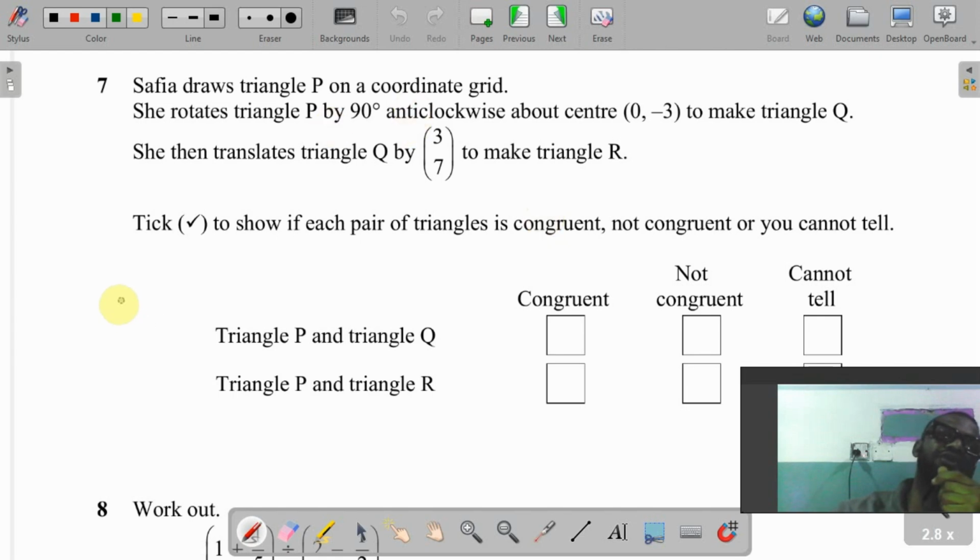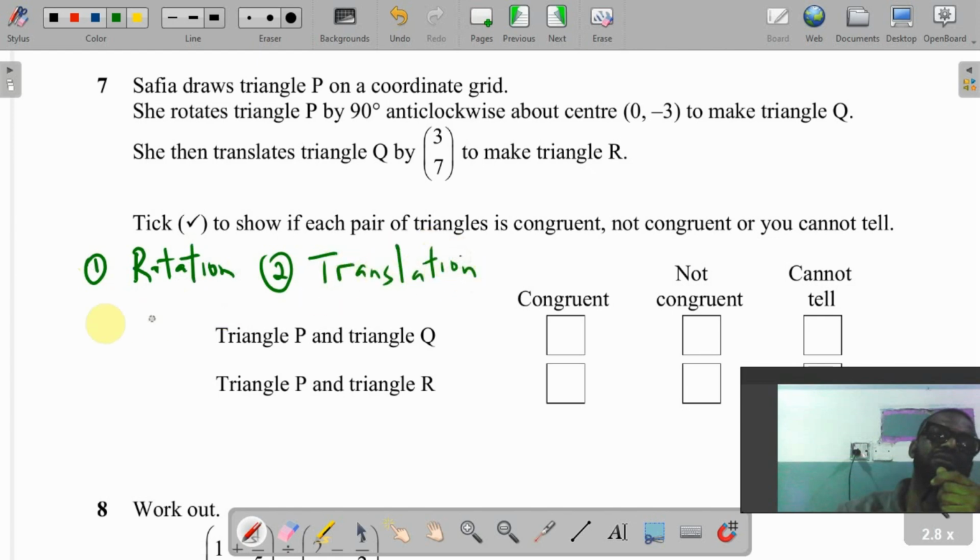One is rotation, then two is translation. Rotation changes P to Q and translation changes Q to R.